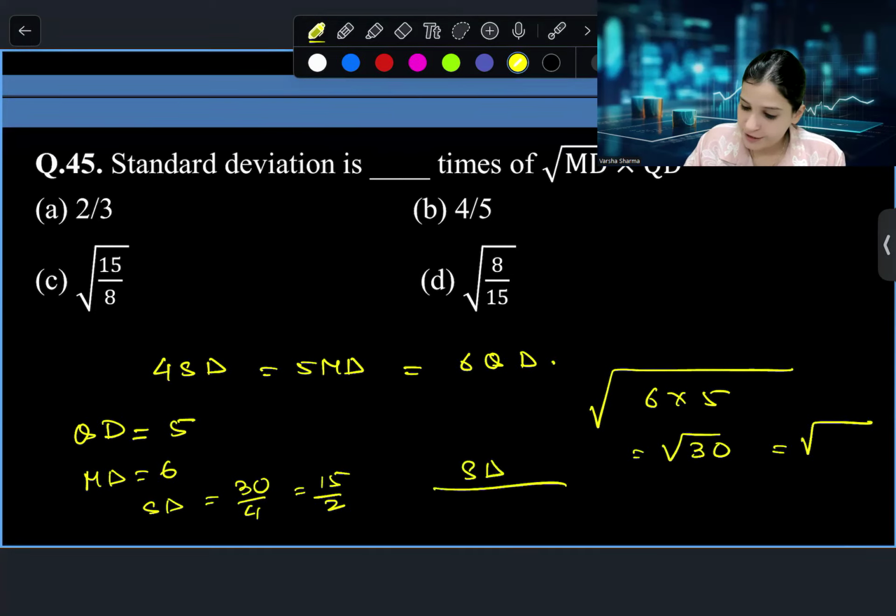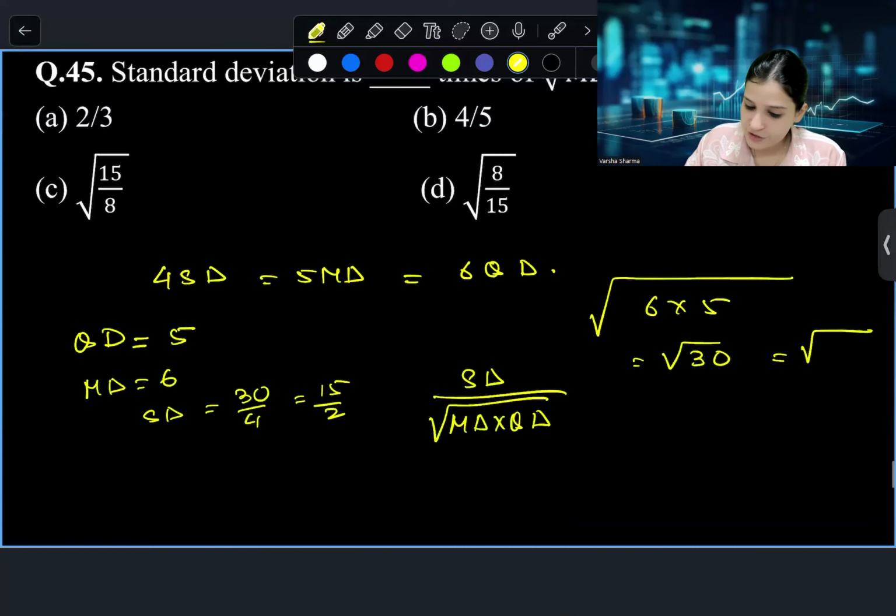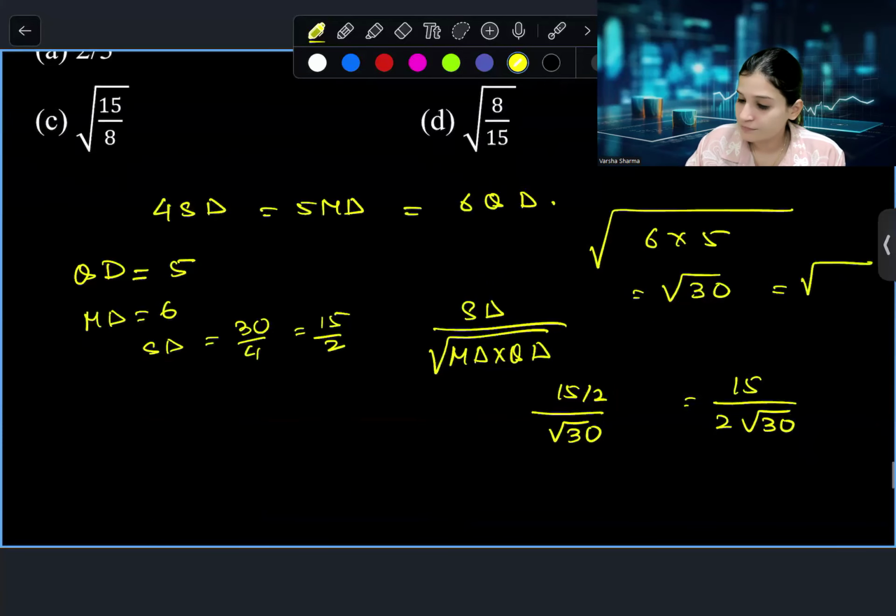Standard deviation divided by this. Standard deviation is 15 by 2. This is root over 30. 15 by 2 root 30. This will be root 15. 15 twos. So root over 15 by 8.